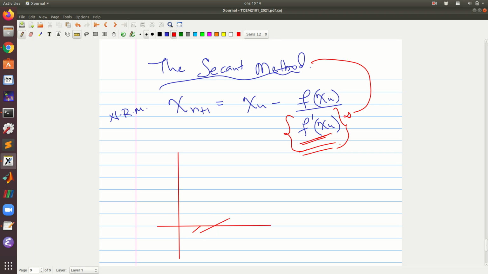So if I can have just a simple illustration here, let's say we have a curve, f of x, and then we want to find the derivative of our function f at the point xn.